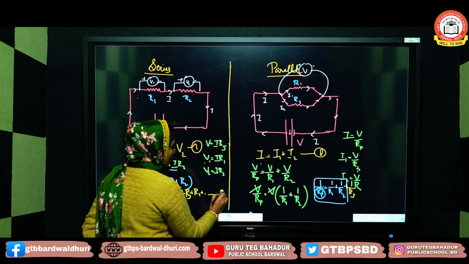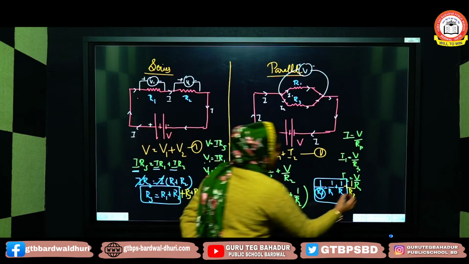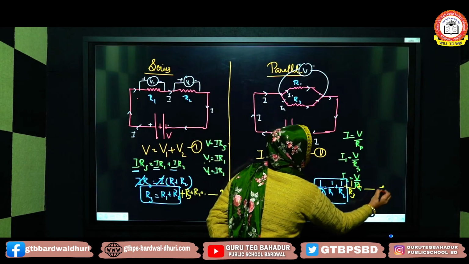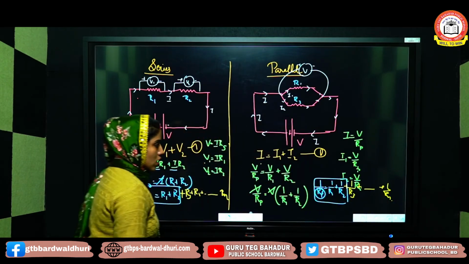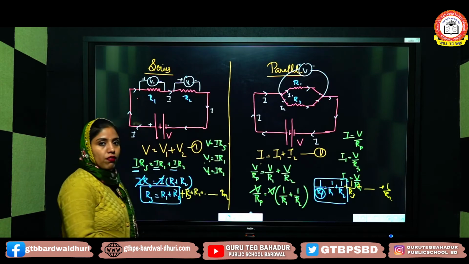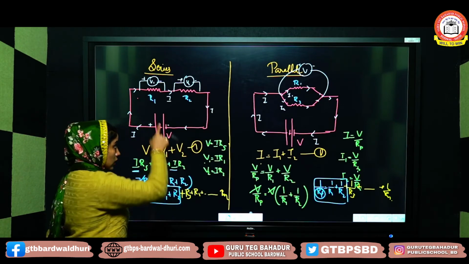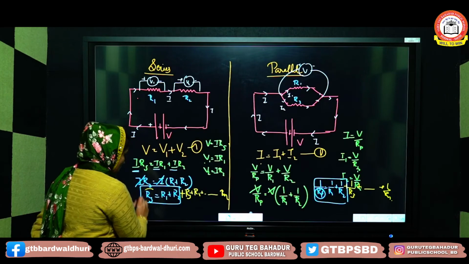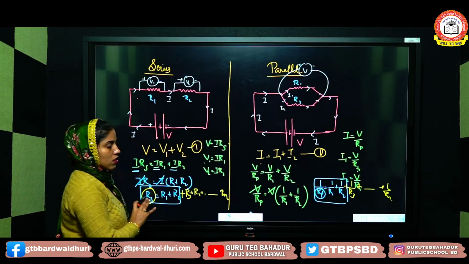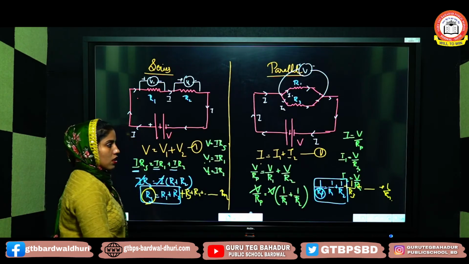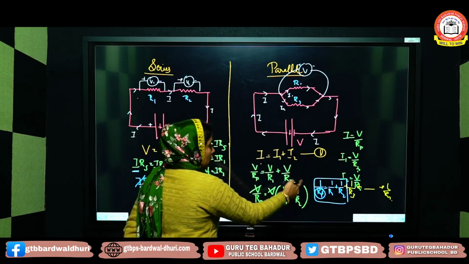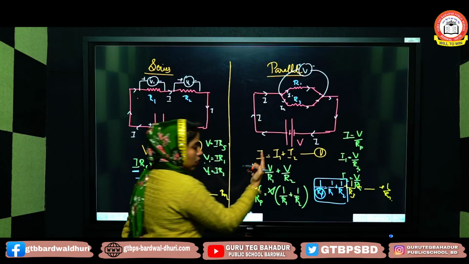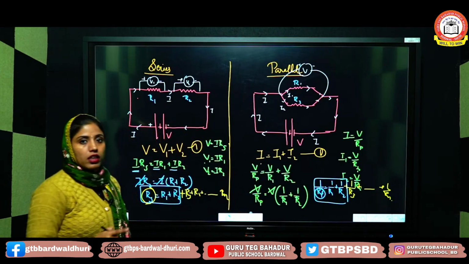So Rn will be the last resistor, and lastly we'll get the term 1 upon Rn. So this is the result for equivalent resistance when n resistances are connected in series, and this is the result for equivalent resistance when the resistances are connected in parallel.